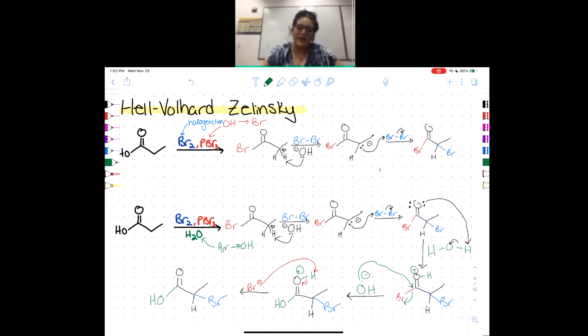So we know that if we have Br2 and PBr3, we end up with a bromine on our carbonyl carbon and a bromine on the alpha carbon. If we have H2O present, we are going to keep everything the same and just add a bromine at the alpha position.